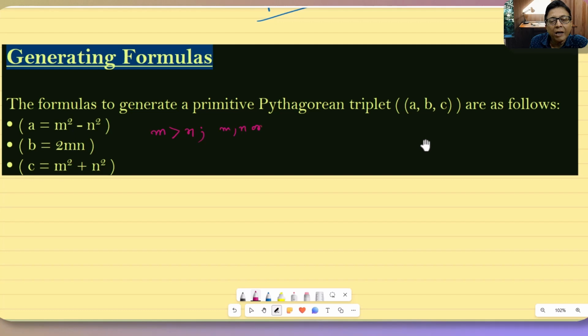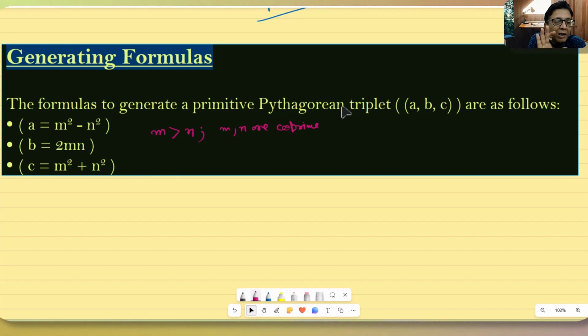M should be greater than n because otherwise this will be negative. M and n must be coprime. Coprime means they don't have any common factor other than 1.